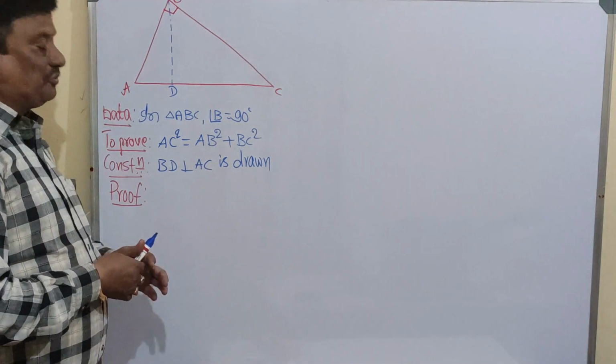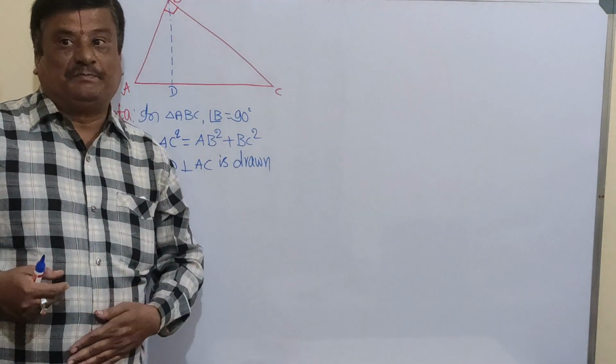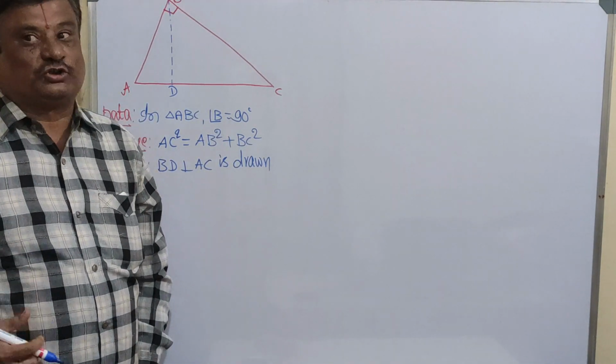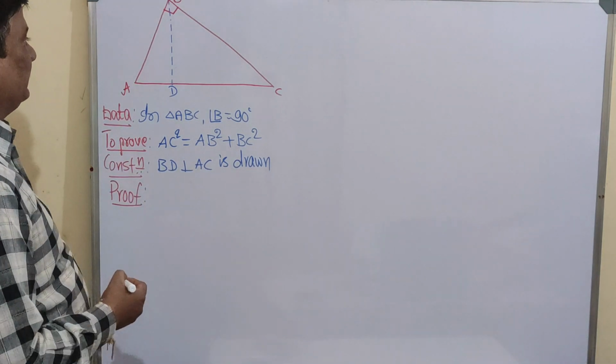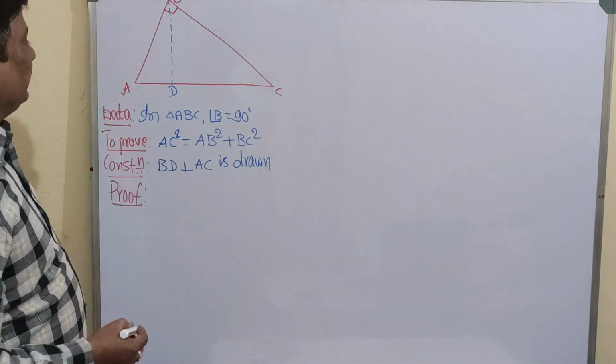Here we are going to prove this theorem based on the similarity of triangles. So now let's compare the triangle ABC with the triangle ABD.